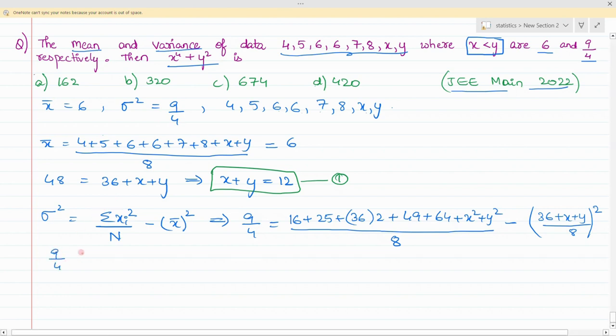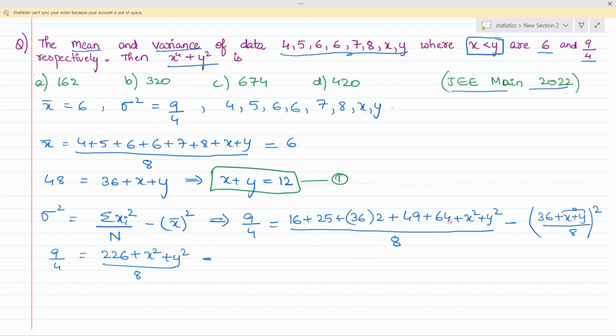So it becomes 9 by 4 is equal to 226 plus x square plus y square upon 8 minus, assume this whole as one term, so it becomes 36 square, that is 1296 plus x plus y whole square plus 36 2s are 72 and x plus y.